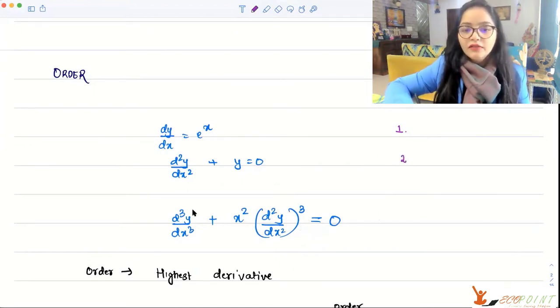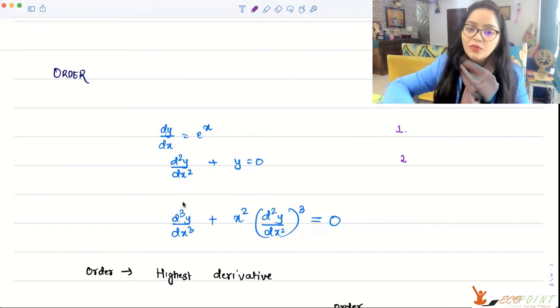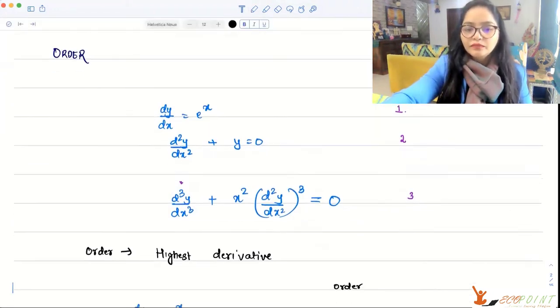And here you can clearly see that you have d cube y upon dx cube, and then you have d2y upon dx square whole cube. So the derivative is d square y upon dx square, right? The highest one is 3, so 3 becomes your order here. So the highest derivative, that is what is the order of any differential equation.